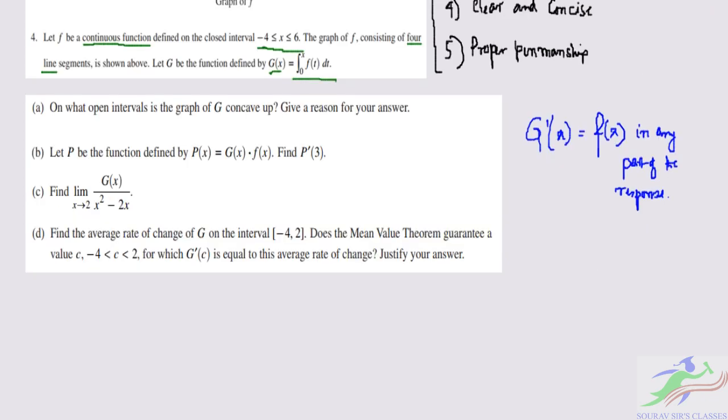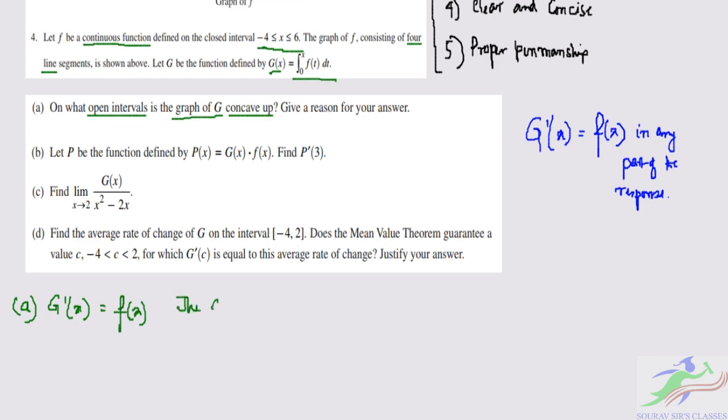The first part asks: on what open intervals is the graph of g concave up? Give a reason for your answer. First we'll solve part A. We already have g prime of x equal to f of x.